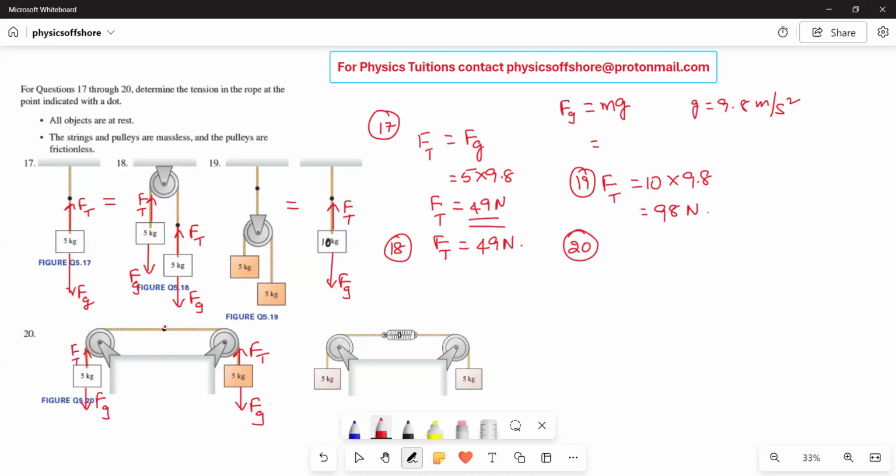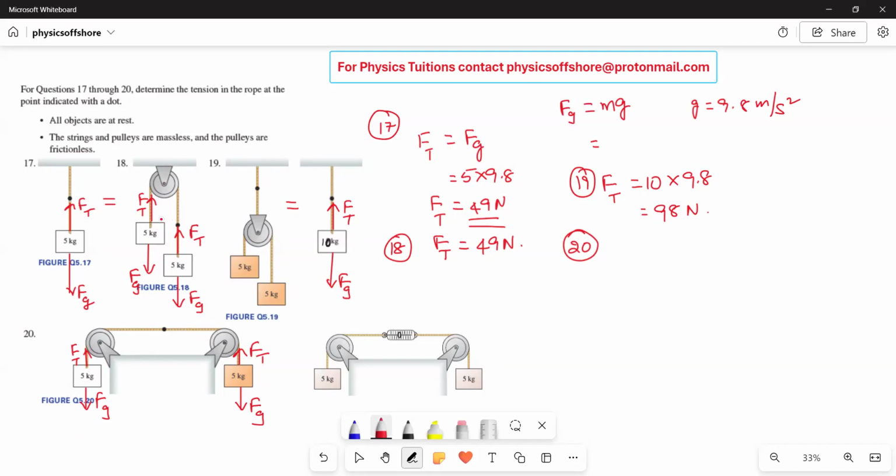Now we have to find out, when both the forces are balanced, then what happens? You have to have the same answer. Ft is equal to, this is again equivalent to this one. Question number 17 and question number 20 are the same. There isn't any change in it. Here you are connecting it to the horizontal, or if you connect it vertically also, both are one and the same.